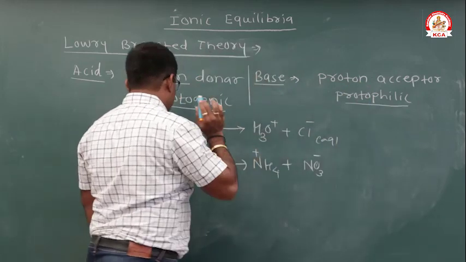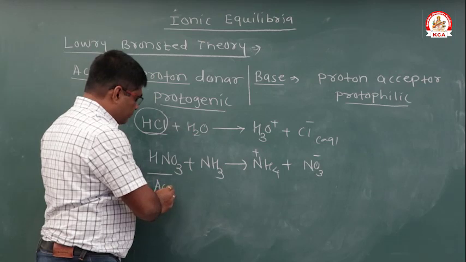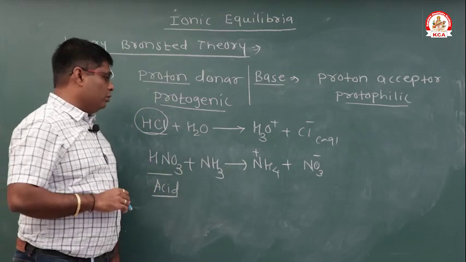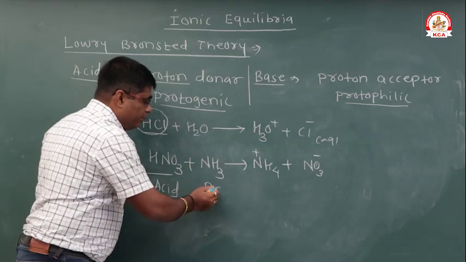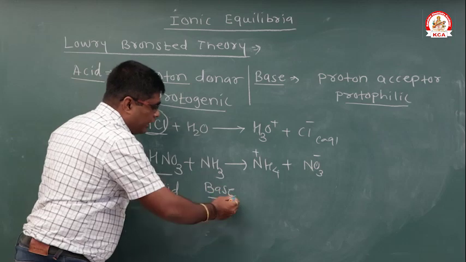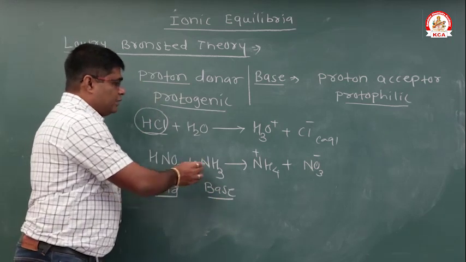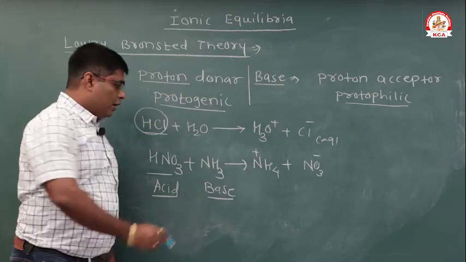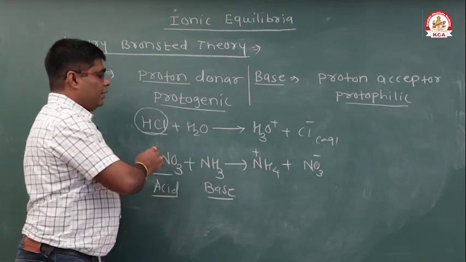Now I can tell you that HNO3 is the acid. Why is it acid? Because it gives the proton to the ammonia. At the same time, ammonia acts as a base. Why is it base? Because it accepts the proton, so the proton acceptor is the base and the proton donor is the acid.